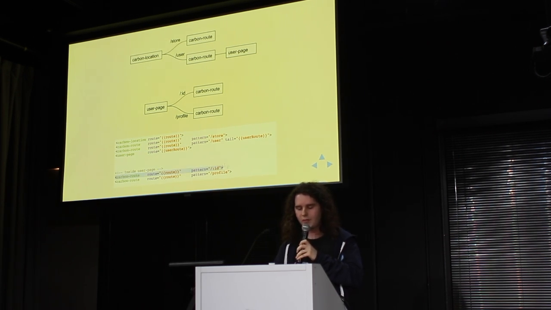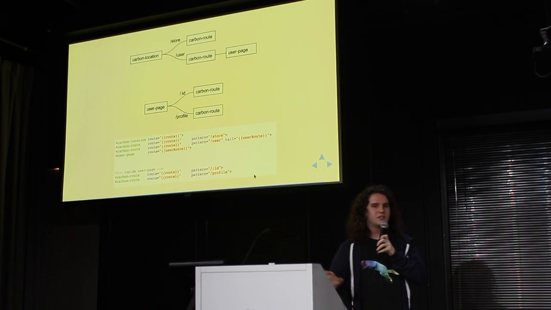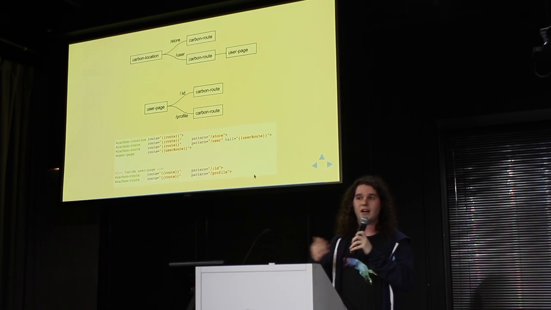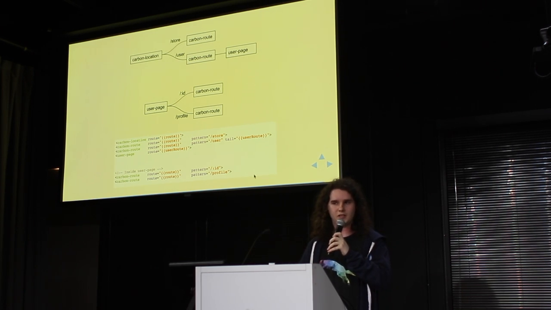And then inside user page, which is a routable element, we have our 2 carbon routes in there. The nice part about this is that the parent does not know what's going on inside user page. It says, I trust you to handle everything inside the URL space /user/, and everything else is up to you.